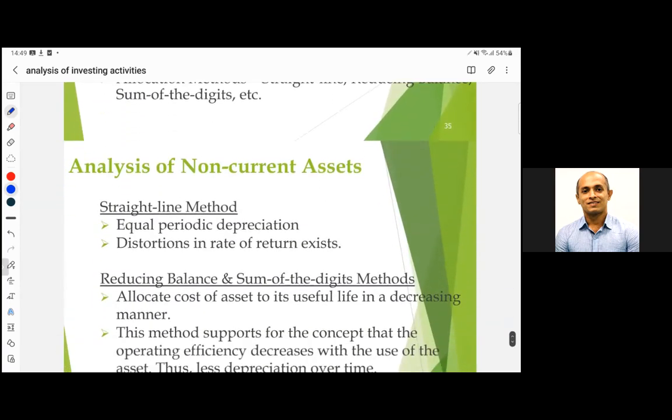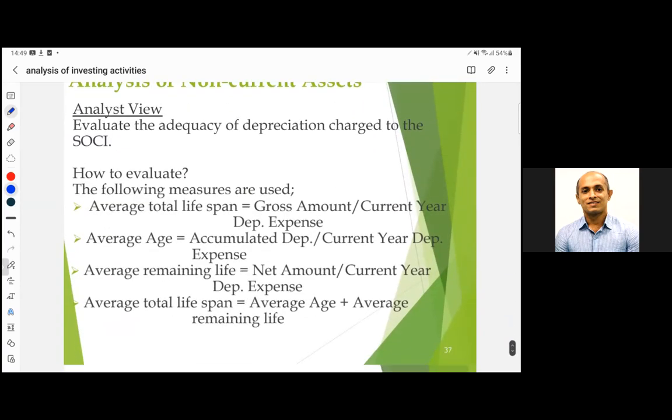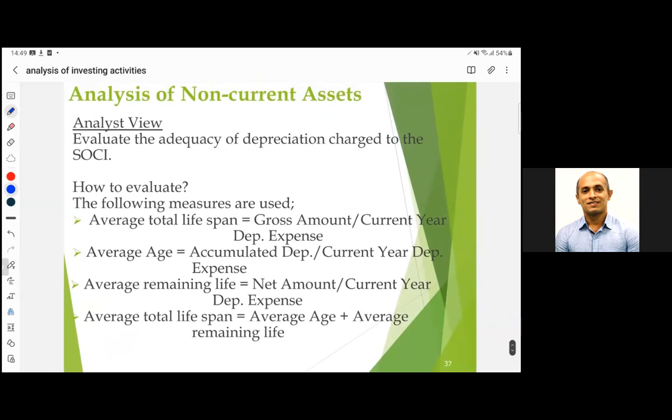In addition, you can calculate these ratios to make sure adequate depreciation and impairment adjustments have been done in the accounts.